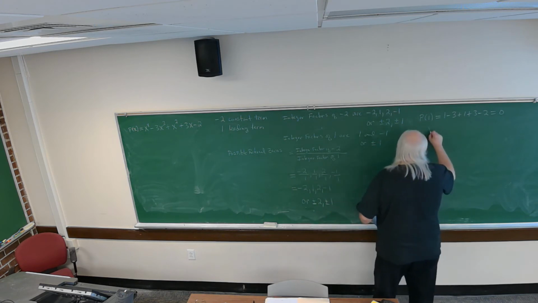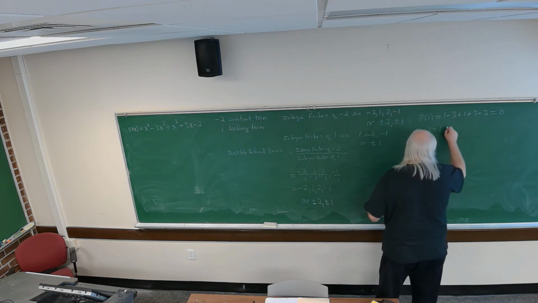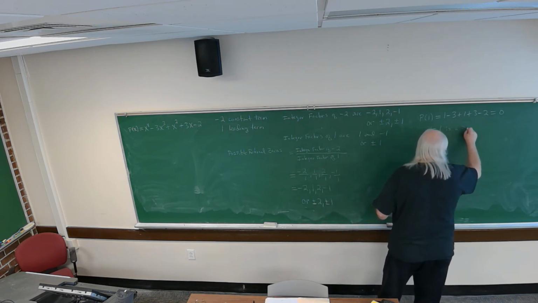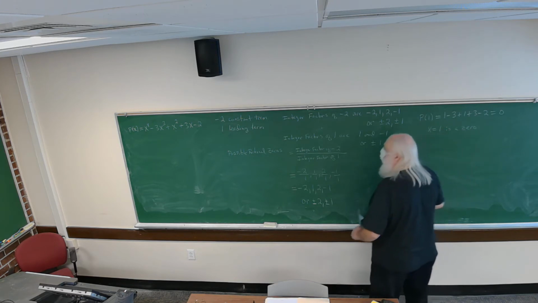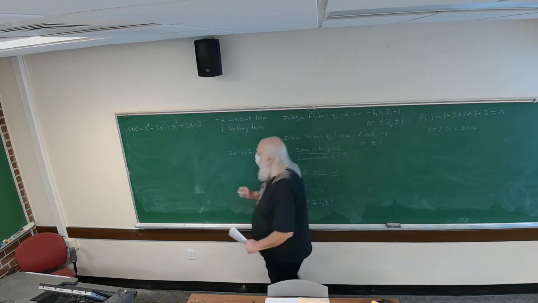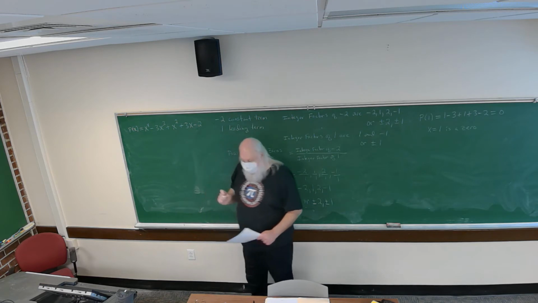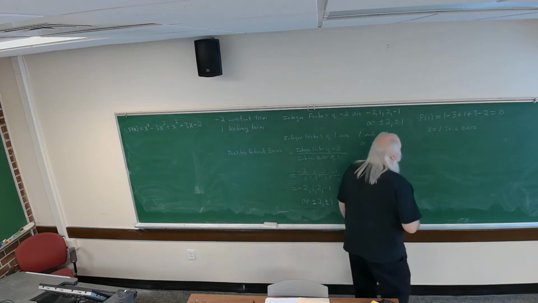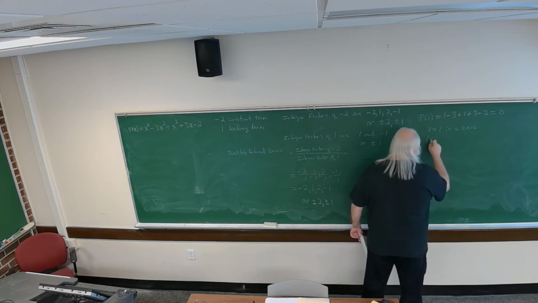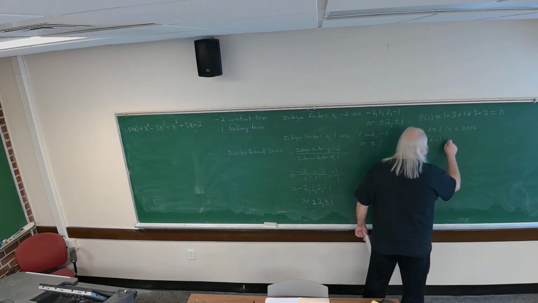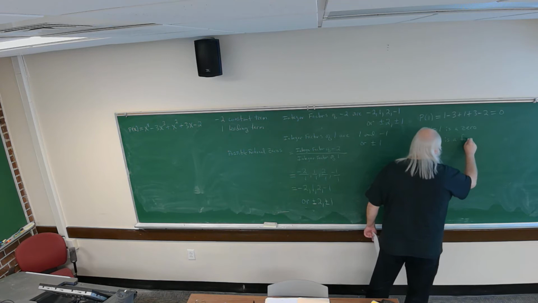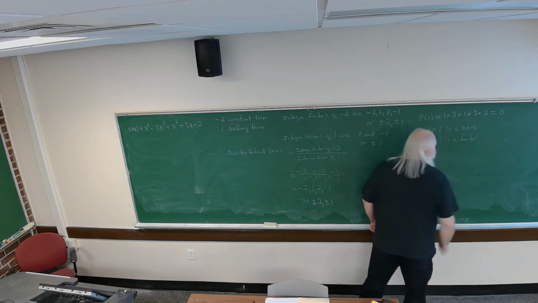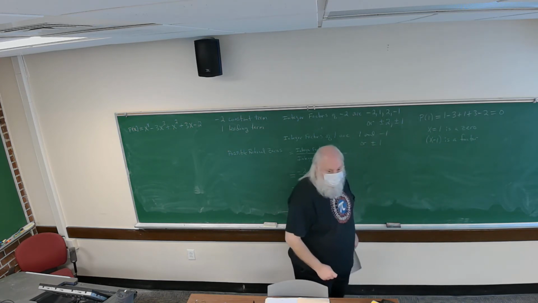So x equals 1 is a 0. Right? Putting 1 for x makes the right-hand side equal to 0. So by the factor theorem, that means x minus 1 is a factor.